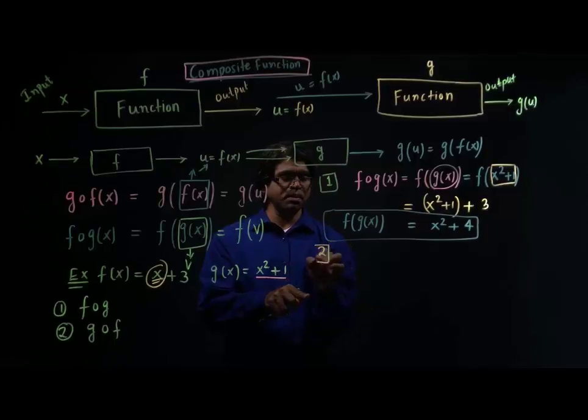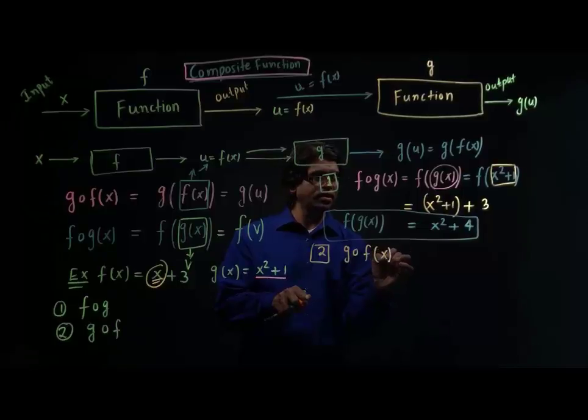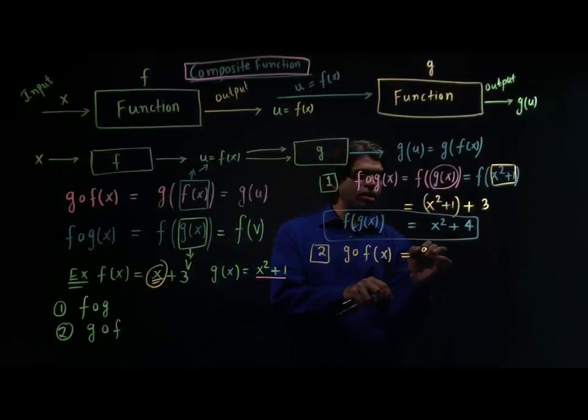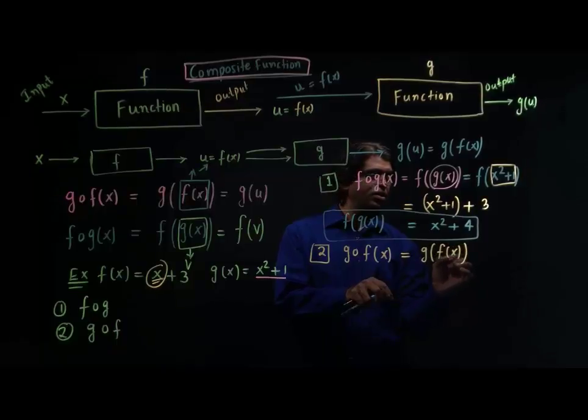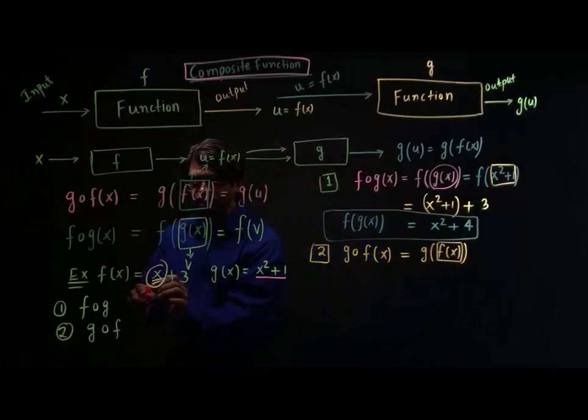Now let's find the second part, which is g of f of x. So g of f(x), right? I need to see what my f(x) is from there. As you can see, my f(x) is x plus 3.